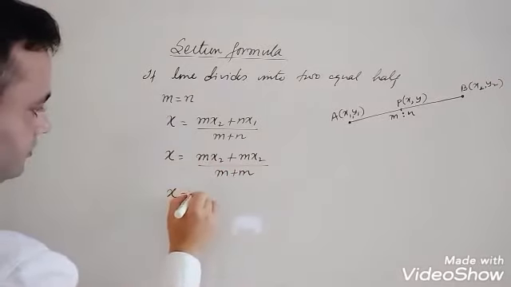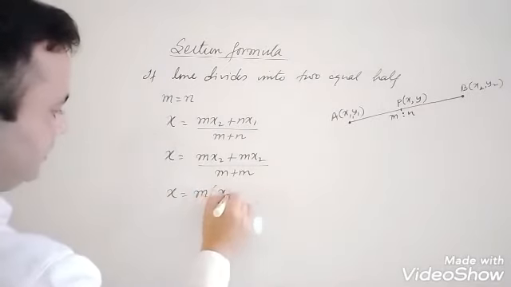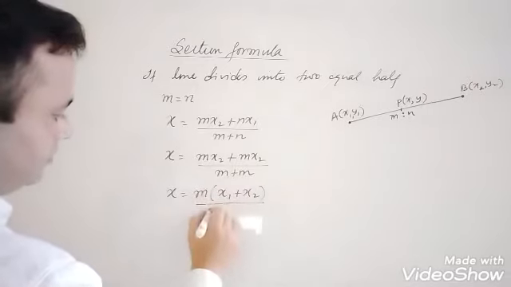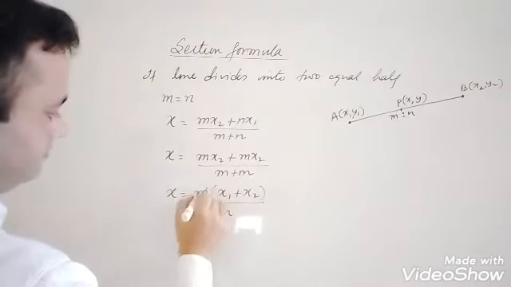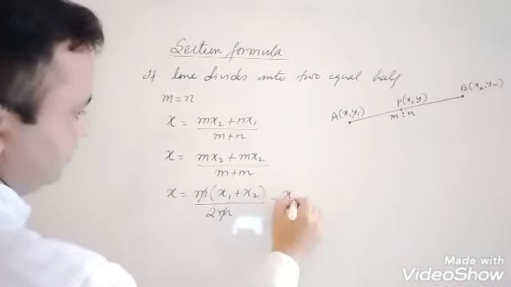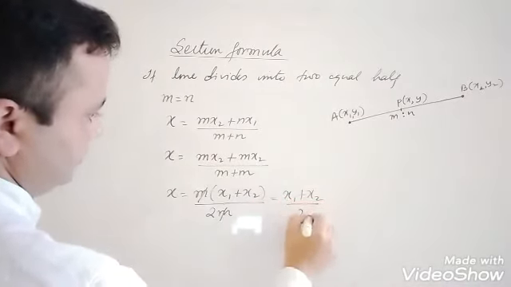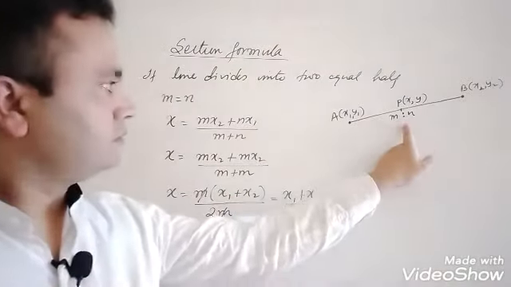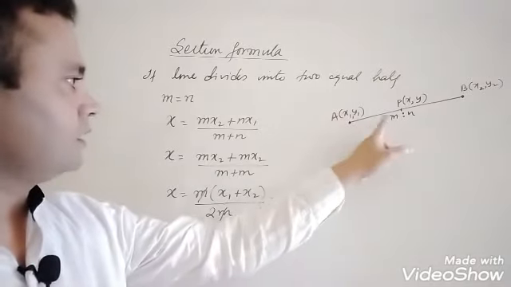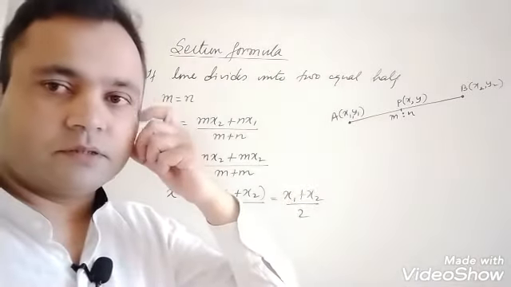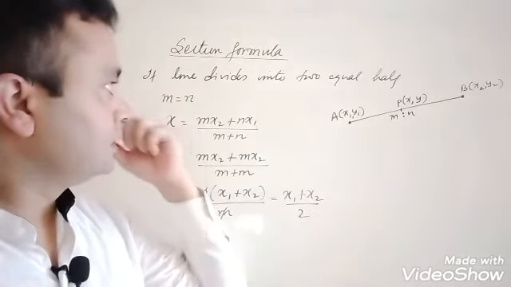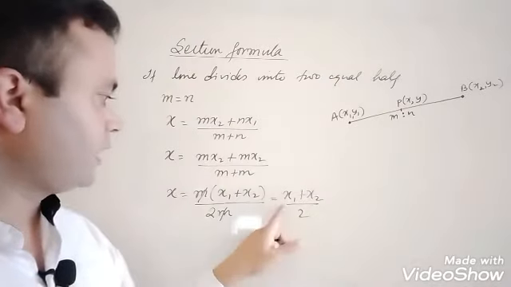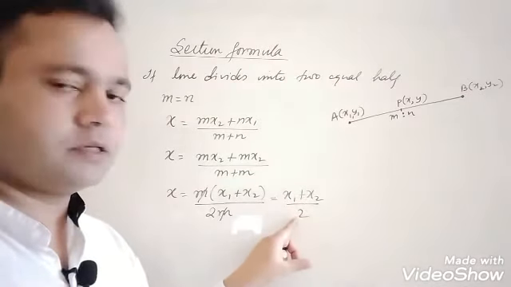Take m common, inside the bracket x1 plus x2 is left, and m plus m is 2m. Cancel m, so x equals x1 plus x2 divided by 2. So when the line divides into two equal halves, x will be x1 plus x2 divided by 2.